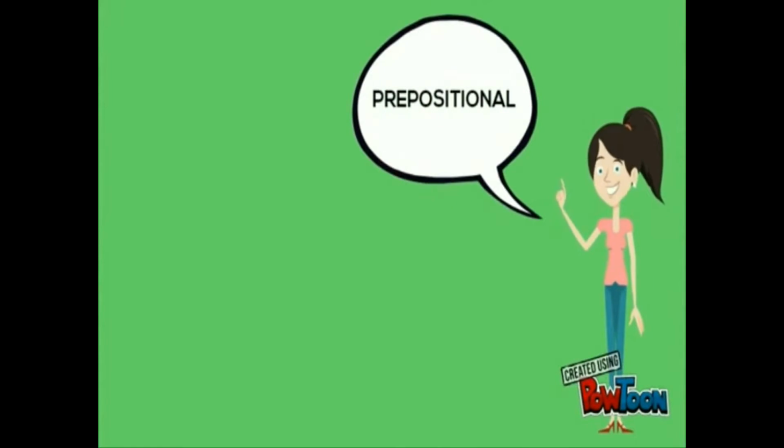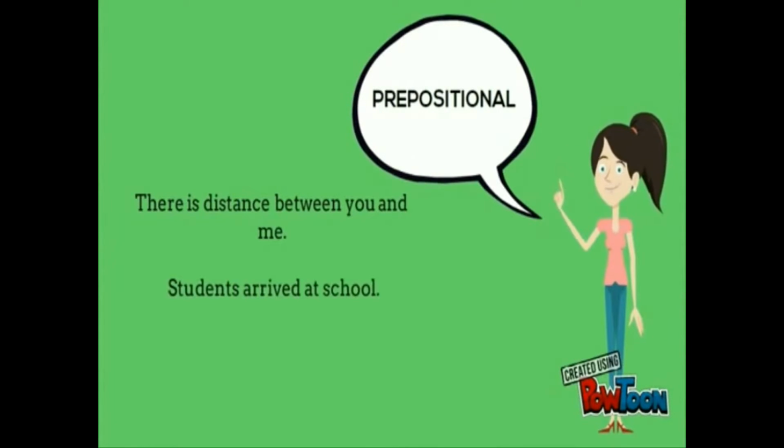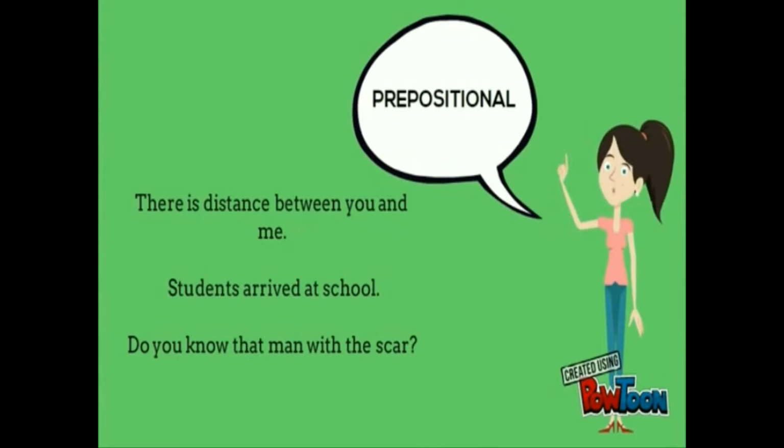The last is the prepositional phrase. Example, there is a distance between you and me. Between you and me, it is a prepositional phrase. It functions as an object and adverb.